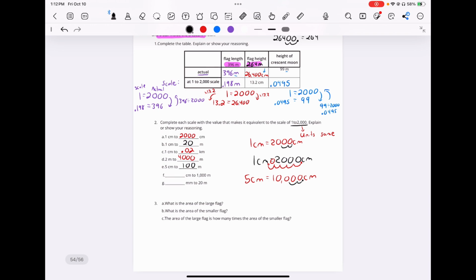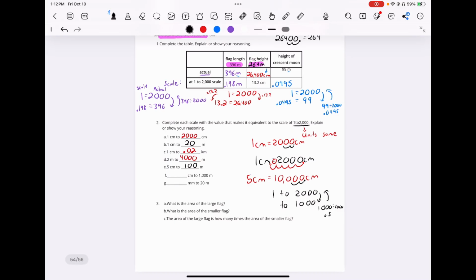For F, now I'm given the actual of 1,000 meters. So if I use my scale of 1 to 2,000, I want to know what it is to 1,000. So now I have to work backwards to determine what I'm multiplying by. So 1,000 divided by 2,000 is 0.5.